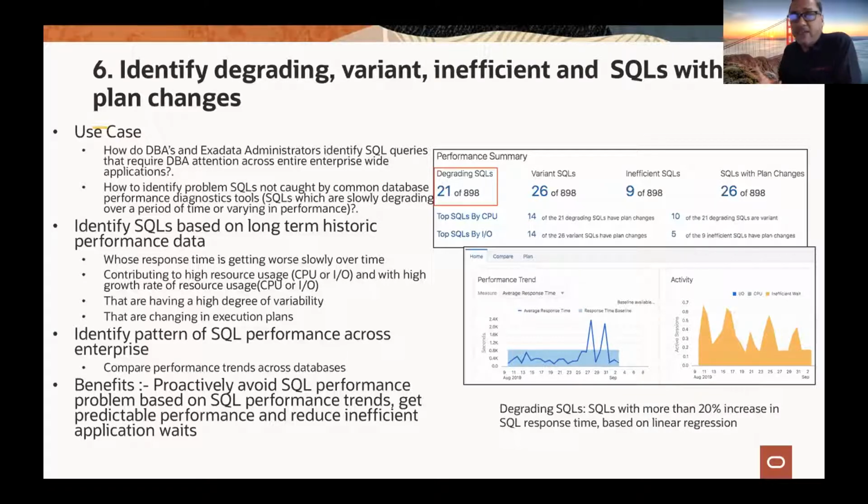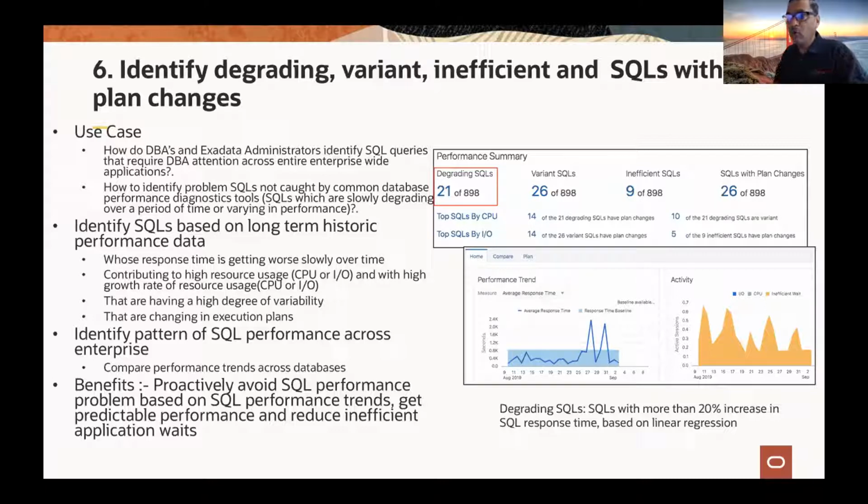When I say variant SQL, meaning sometimes the SQLs are returning results in 2 seconds, sometimes in 4 seconds, sometimes in 8 seconds. So that's varying. Or a batch job returning results in 4 minutes versus 6 minutes versus 8 minutes. So we expect a pretty stable response time of the workloads.